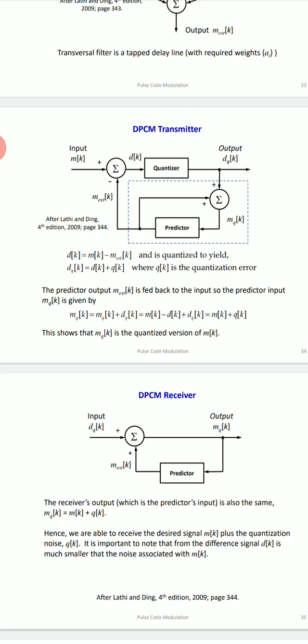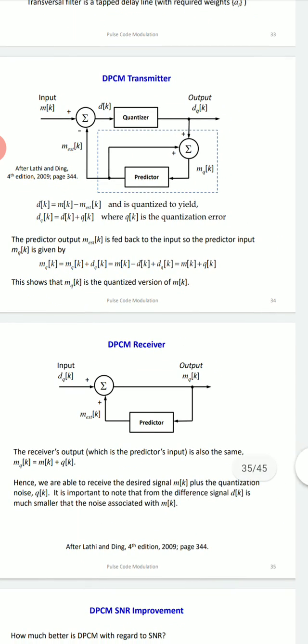At the transmitter, if we take the input as m[k], and it is estimated by the predictor as m estimate[k], we can take the difference d[k] equal to m[k] minus m estimate[k]. We quantize this to get dq[k]. The quantization error is q[k] equal to dq[k] minus d[k]. You can rearrange the equation and write it in any form.